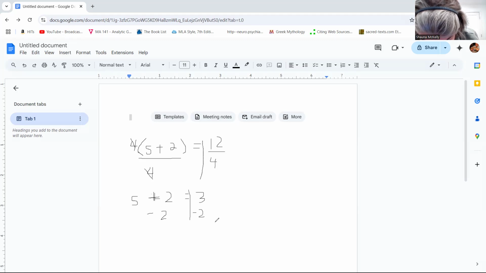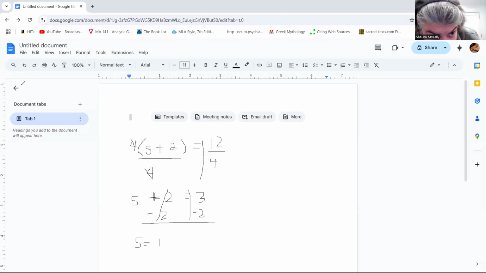So this drops. The numbers on the left drop out, and I have S is equal to 1. Okay, so what I did here was I divided both sides by 4, and then I subtracted 2.